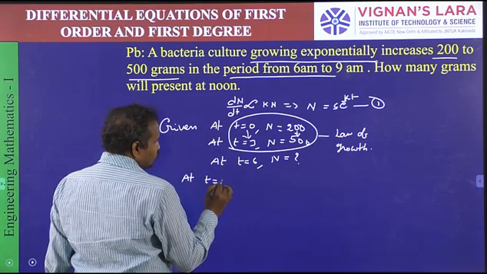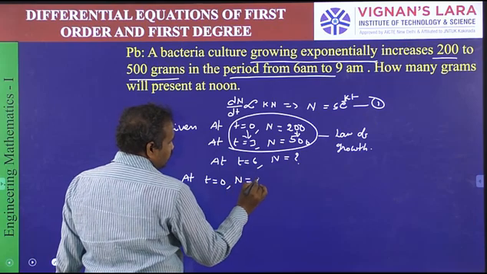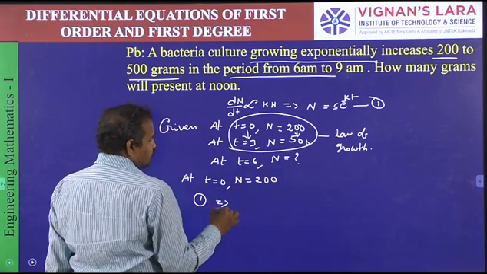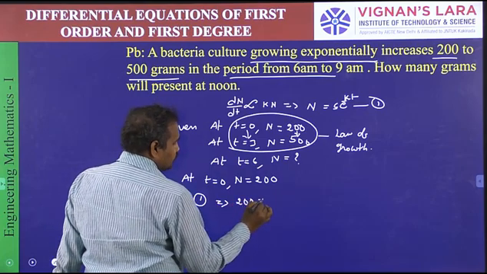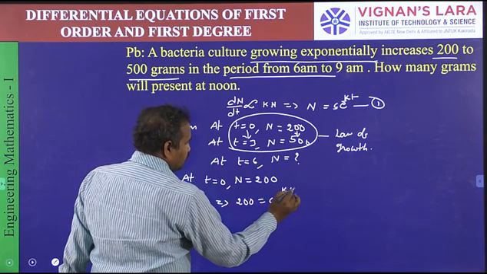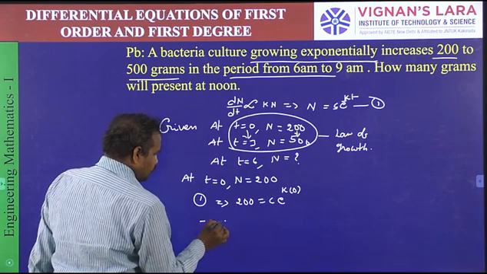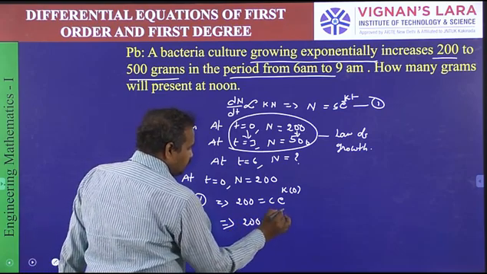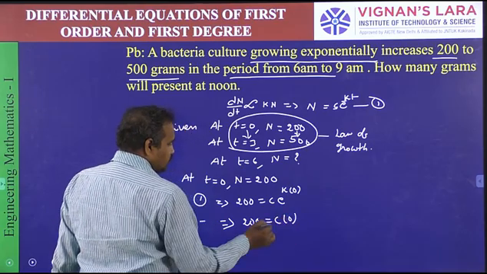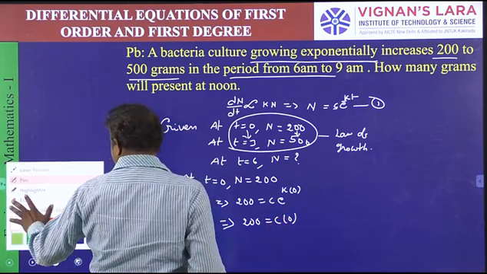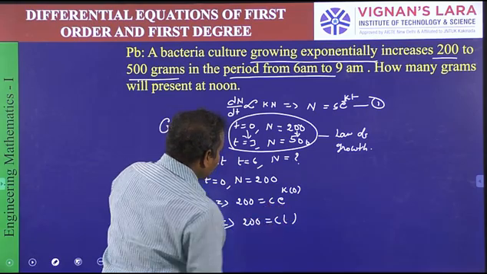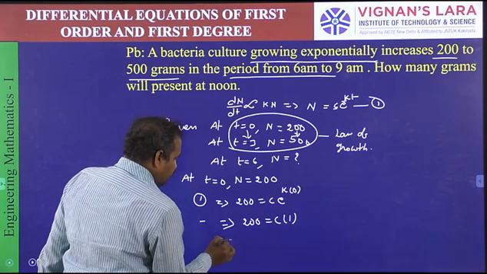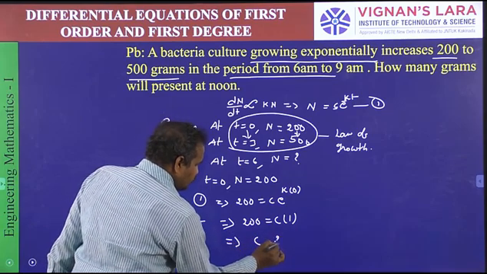At t is equal to 0, N is equal to 200. In equation 1, N value 200 is C into e power k into 0. That implies 200 is equal to C into e power 0. E power 0 value is 1. That implies C is equal to 200.